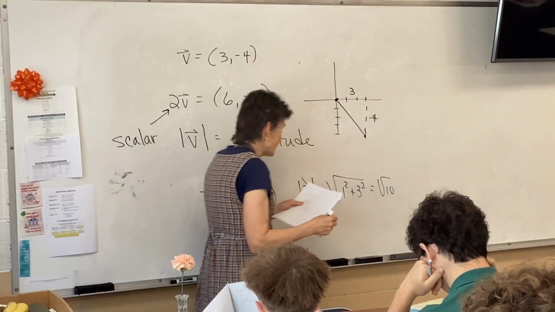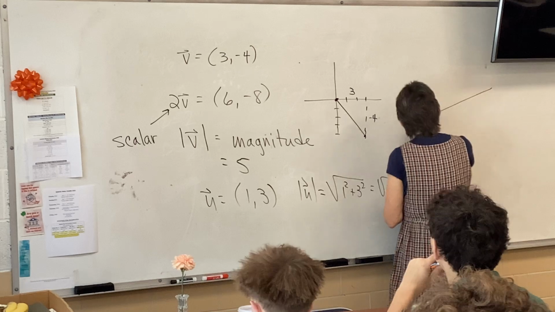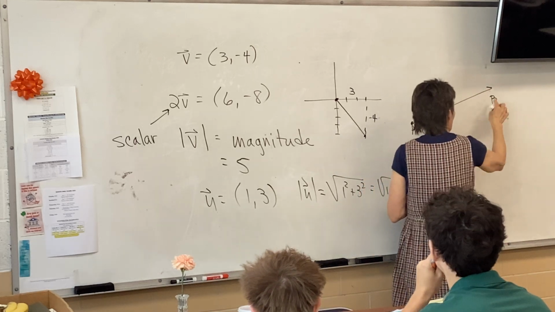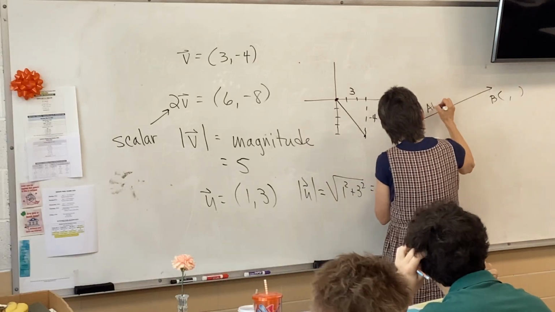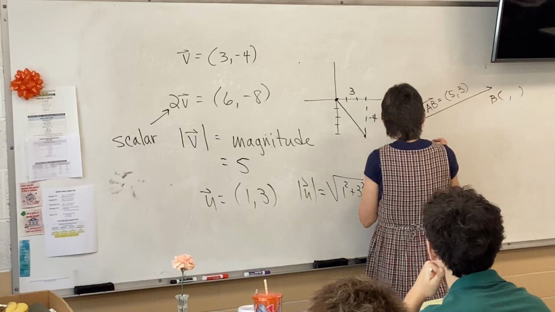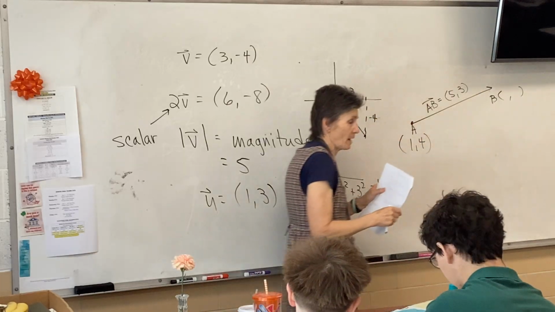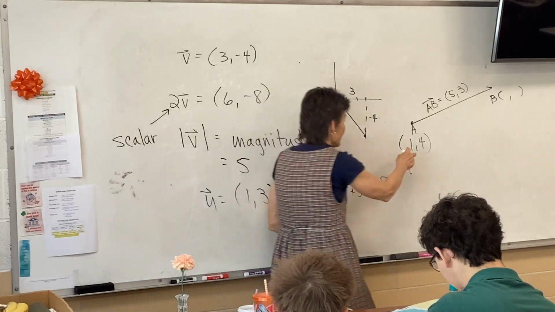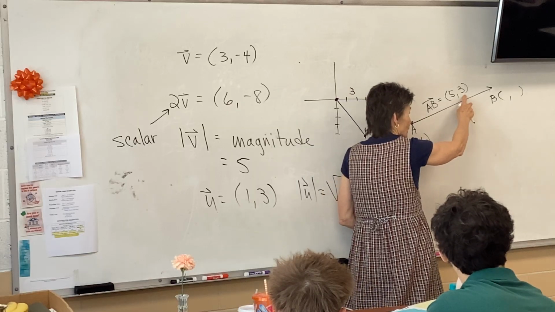Okay, now C is a little bit trickier. It says I've got point A, I'm going to B, but I don't know B, but I know that the coordinates of my vector are 5, 3. So I'm starting at 1, 4, I'm ending somewhere, but to get from here to here, I know I go 5, 3.